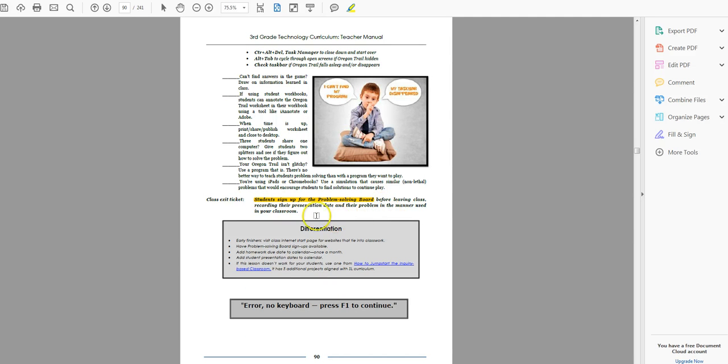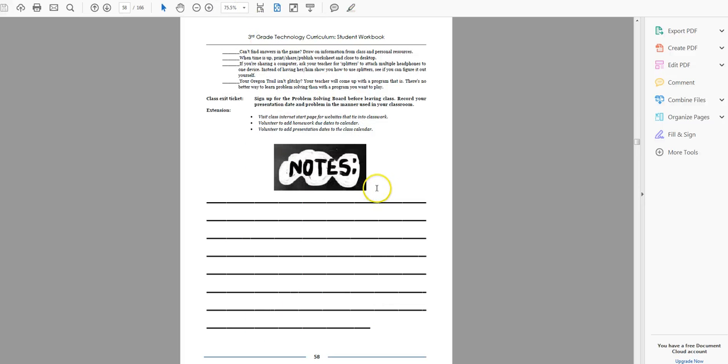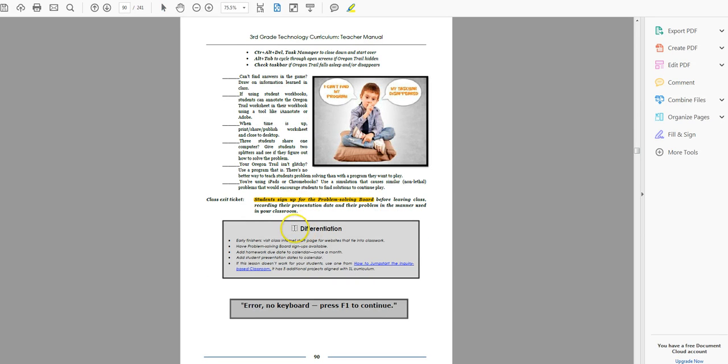Okay, so before they leave, they have to sign up for the problem solving board, however you set that up. Make that their goal, and then they can show you, or they can tell you the date they signed up, whatever you want to do, and then they can leave. And then extensions. These are kind of the same as yours, but give them some options. If they finish early, then they can go to the internet start page and go to some websites that tie into class inquiry.